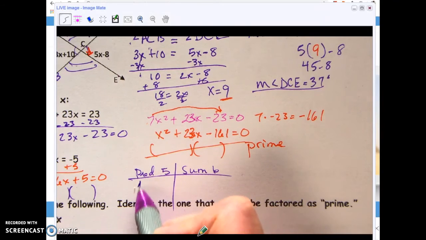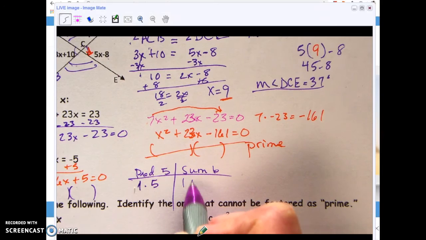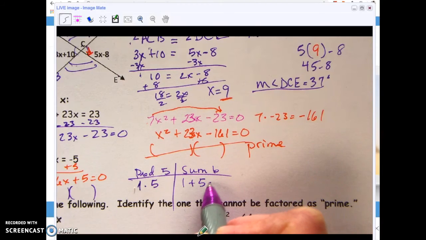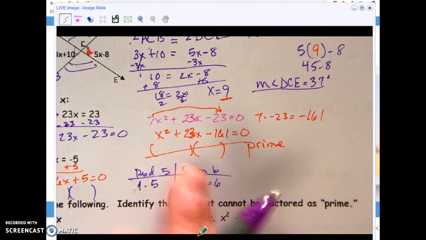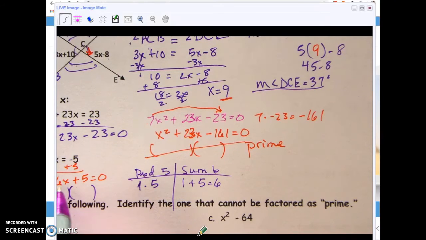There's no choice, it's prime. 1 times 5, 1 plus 5 equals 6. Those are the numbers that I need in order to get 1 times 5 gives me that, 1 plus 5 gives me the 6. So this is going to be x here and x here plus 1 plus 5.